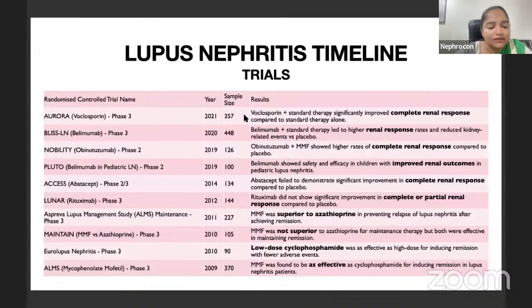These are the various trials one should go through. The landmark trials are Eurolupus and the NIH regimen, which have paved the way, and clinical practice revolves more or less around these regimens. Of course, new data is coming in.